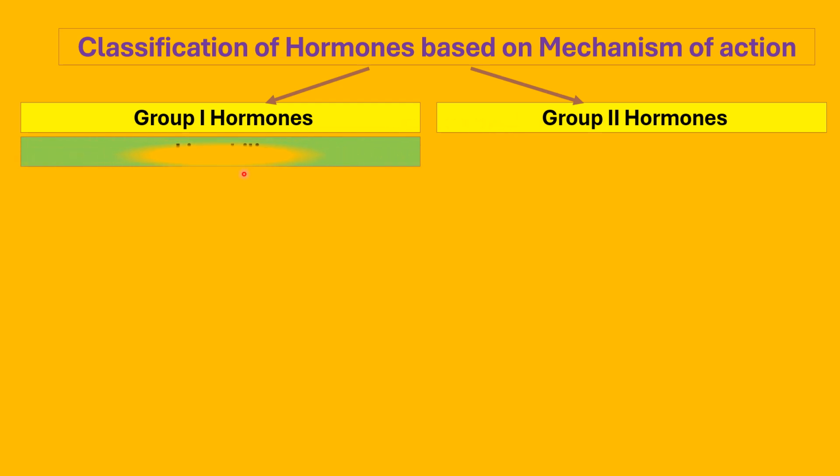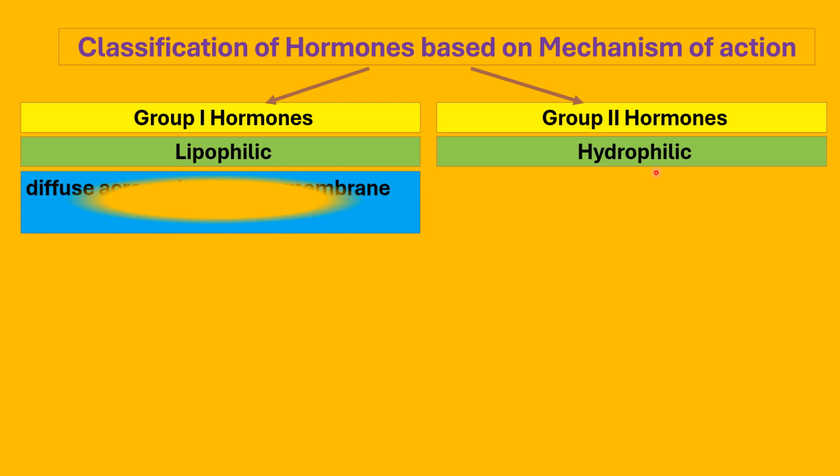Group 1 hormones are lipophilic in nature, while group 2 hormones are hydrophilic in nature. Lipophilic means they are fat loving hormones, while hydrophilic are water loving hormones.